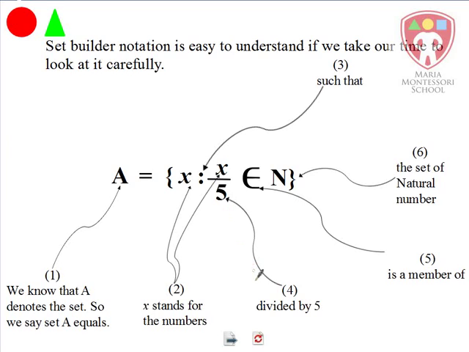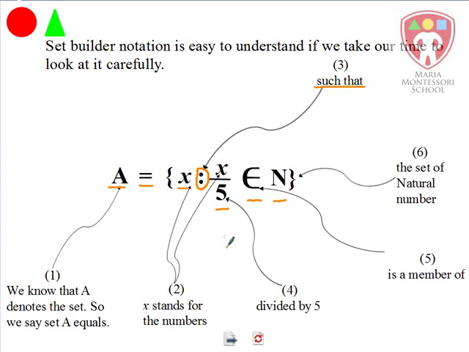The next piece of information here is this colon, and in maths we read it as "such that." So far we're saying set A equals x such that, and then we come to here, x divided by 5 is an element of N, which is the set of natural numbers.